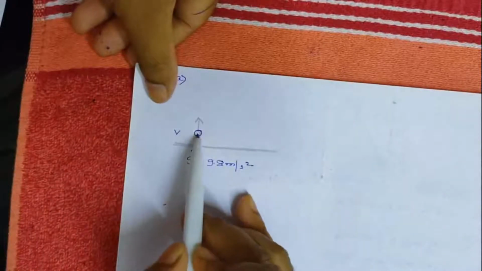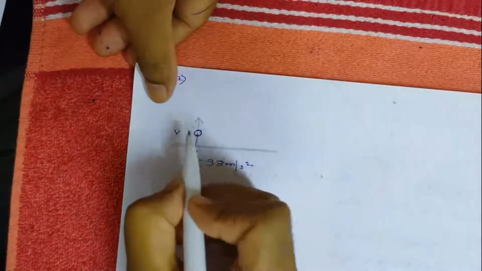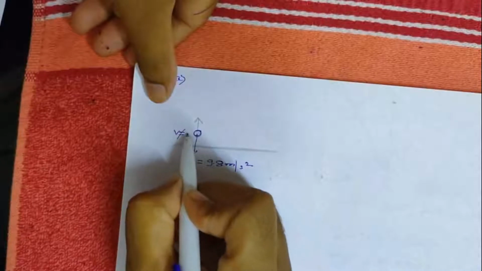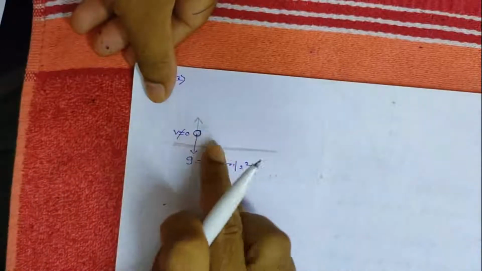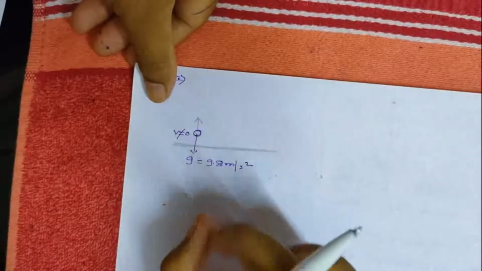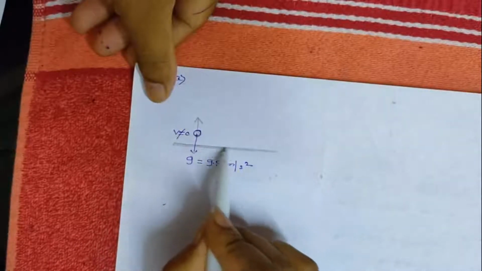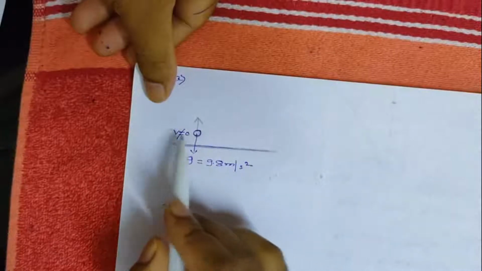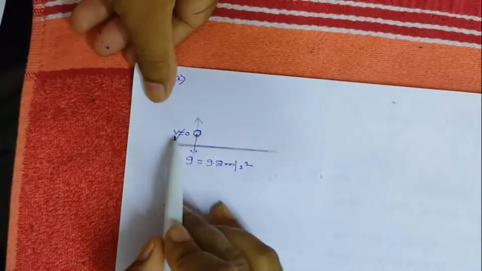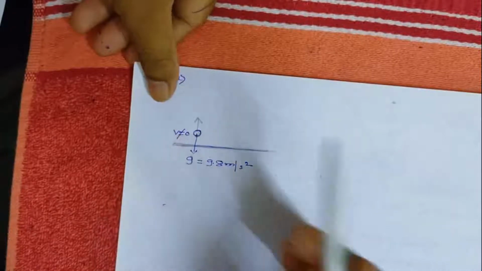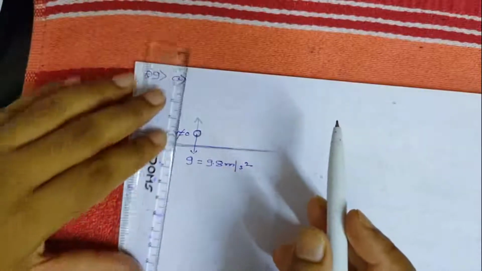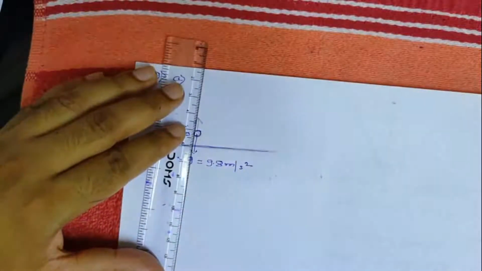When you throw a ball, you need to impart a speed which is not equal to 0. Agree? Then only you can throw a ball. You throw a ball from this particular point. This represents the ground. The initial speed is not equal to 0. So what will happen? After some time, it will reach a height.